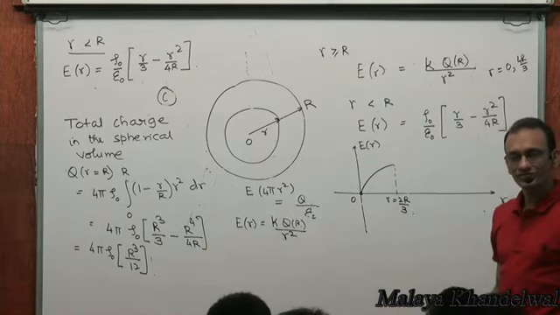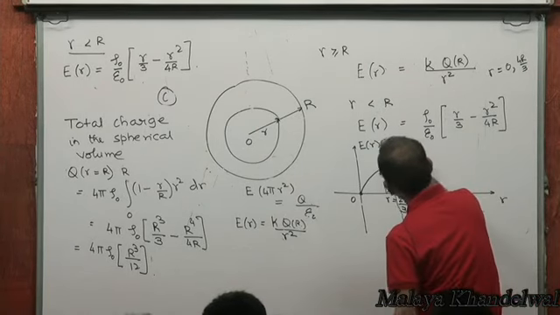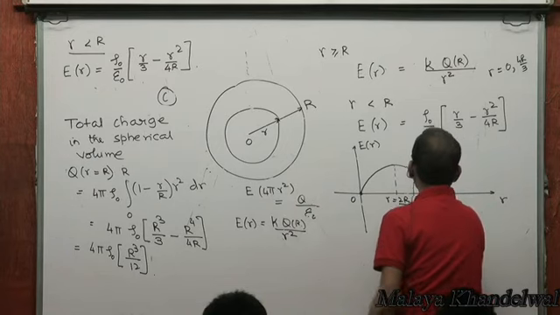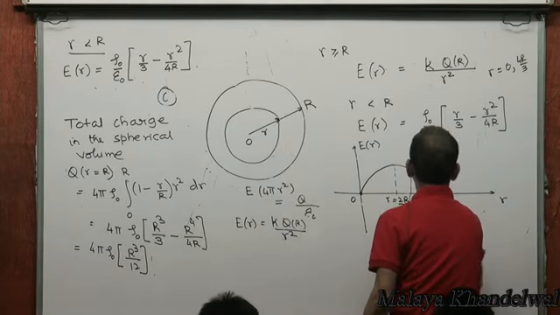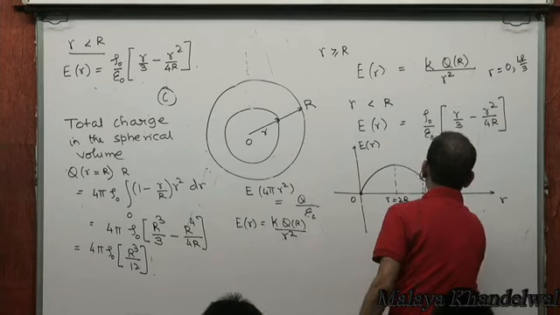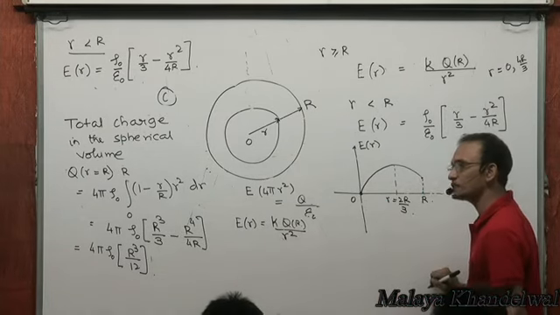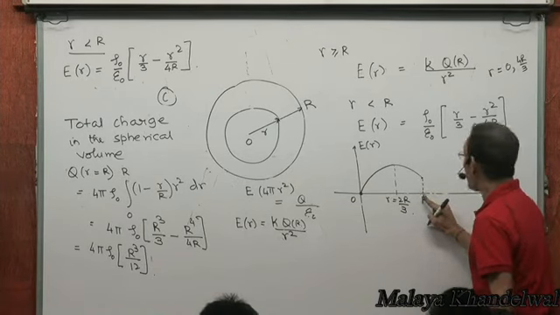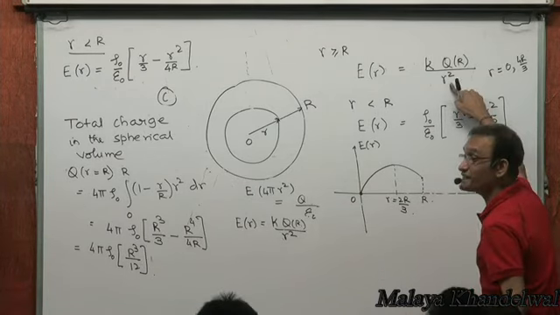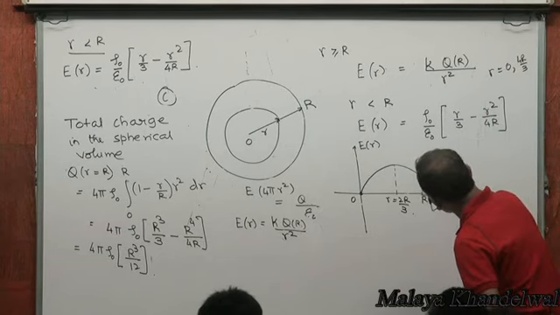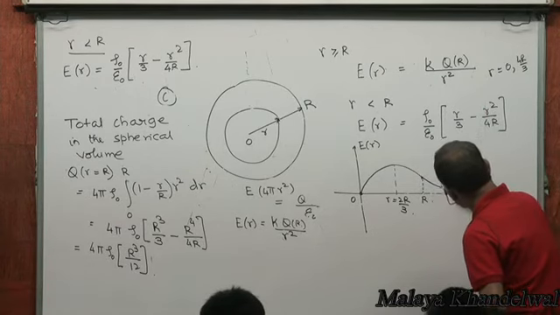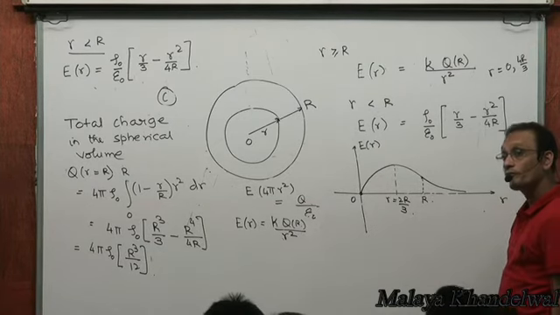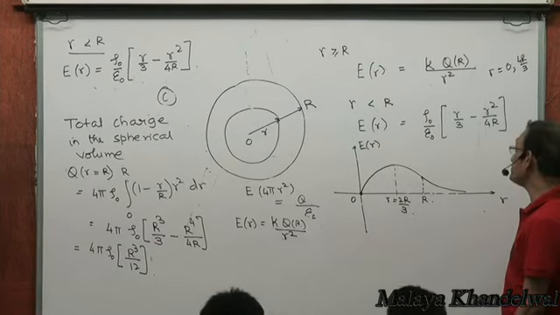Yes or no? Then the parabola starts to dip at r equal to capital R. It assumes a certain value at r equal to capital R. And that means this is the surface. And from the surface onwards, it dips as 1 by r squared. Yes or no? This is how E varies with small r.